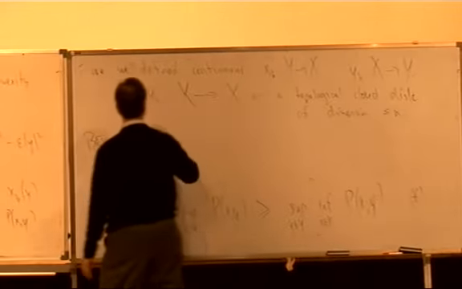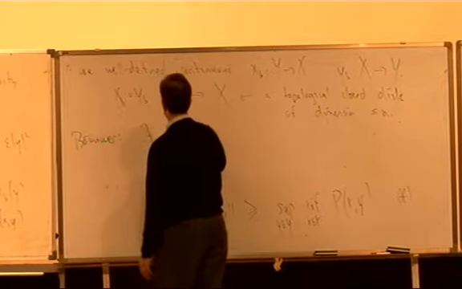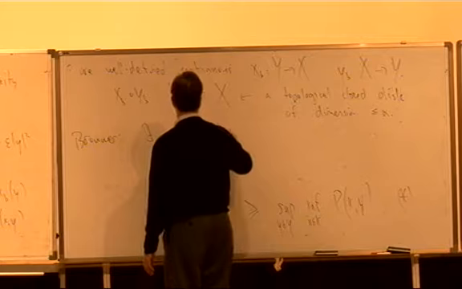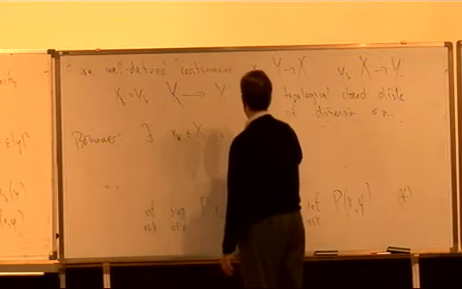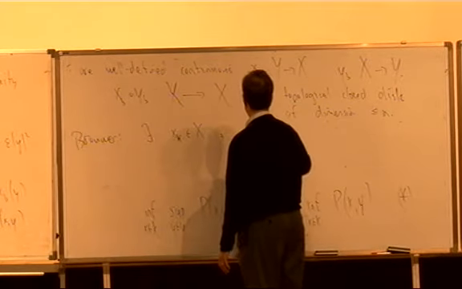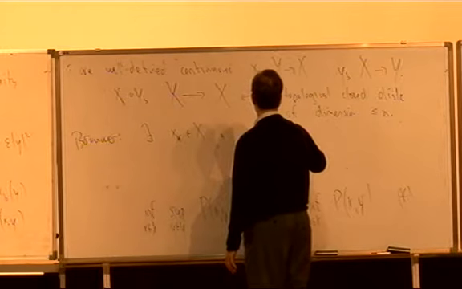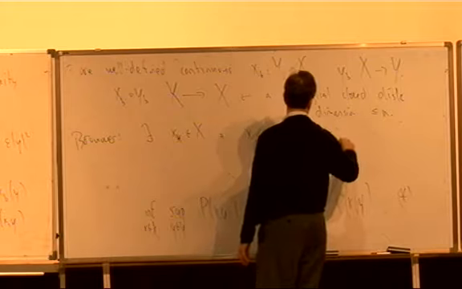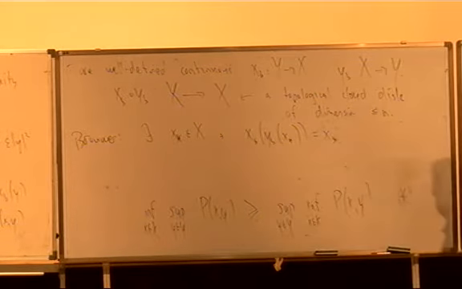So Brouwer's theorem says that there exists some x star in X such that player 1's best response to player 2's best response to strategy x star is x star. Fixed point theorems are very useful in partial differential equations.